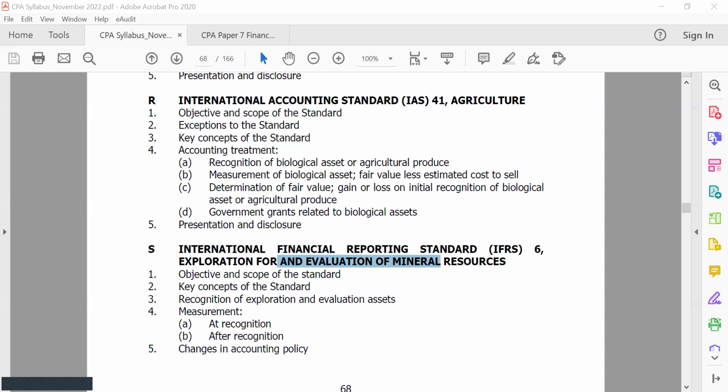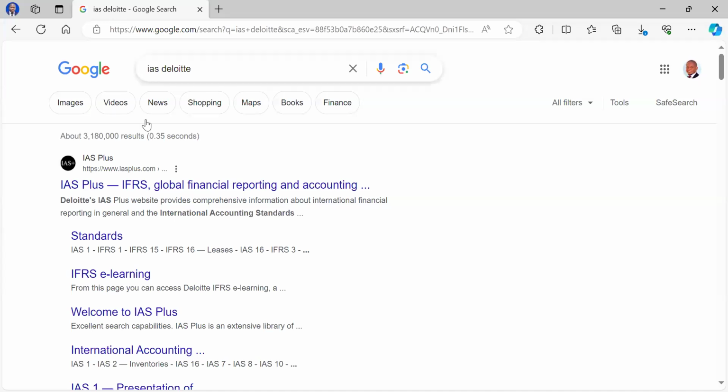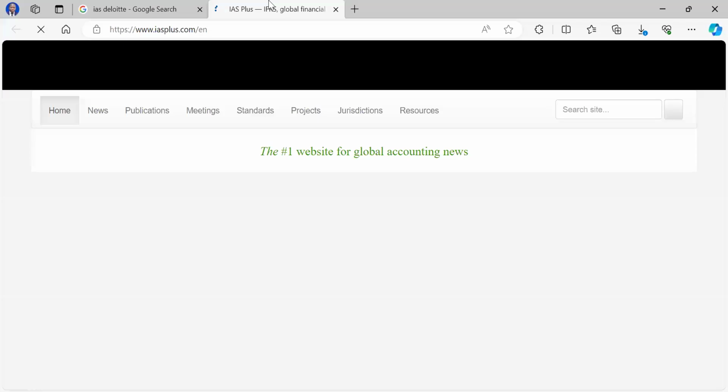Let me just try to show my screen here. So you just go to Google and put in IAS, either IAS Plus or IAS Deloitte. So it will bring you to this site. So this is just for your general knowledge.